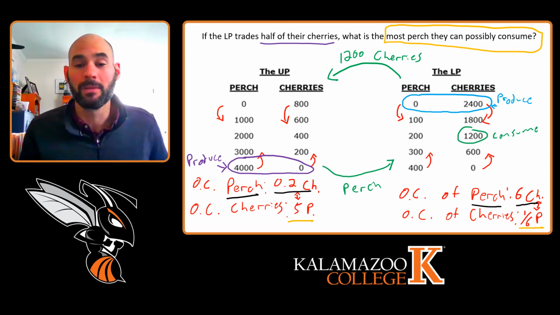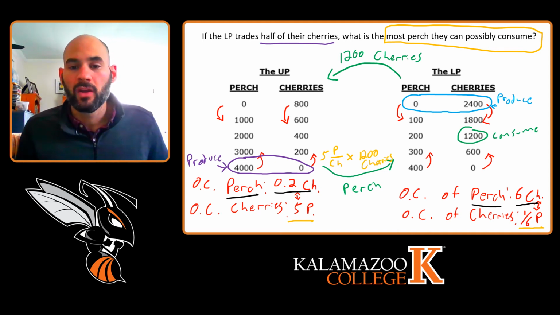And it's obviously going to be maximized if we trade according to 5 perch per cherry. And so we're then going to multiply 5 perch per cherry by 1,200 cherries. And that's going to give us the maximum amount of perch that the UP would be willing to send over.